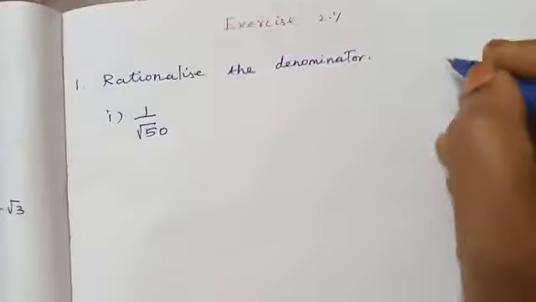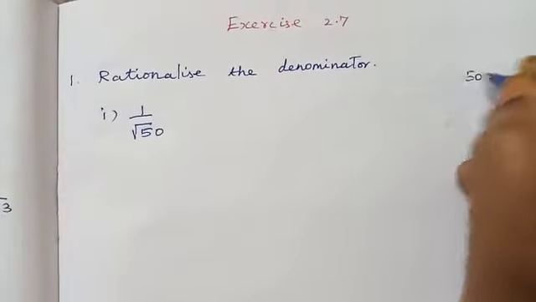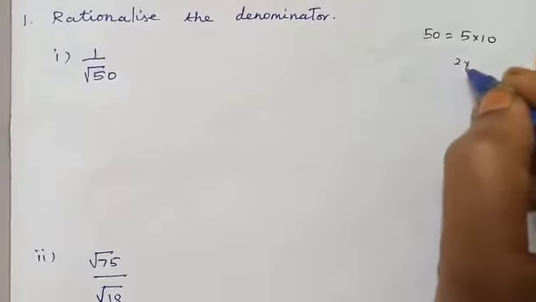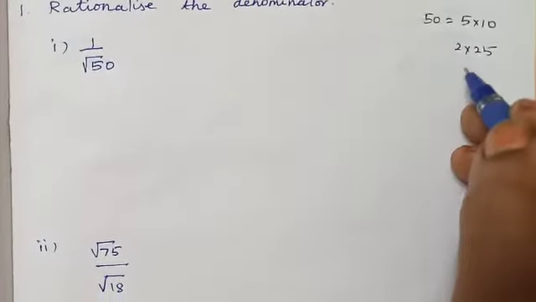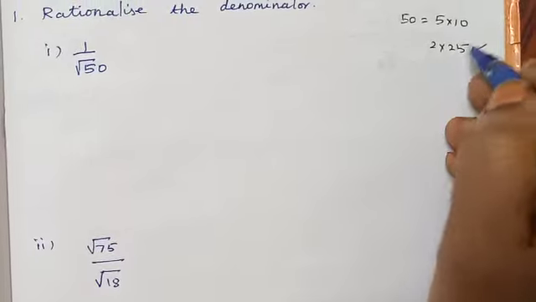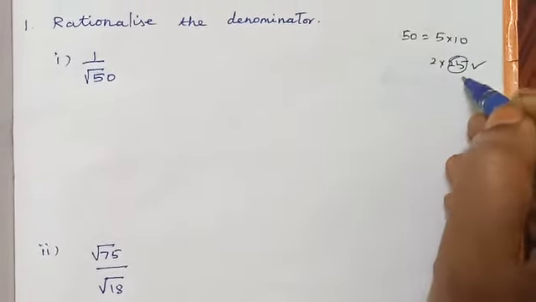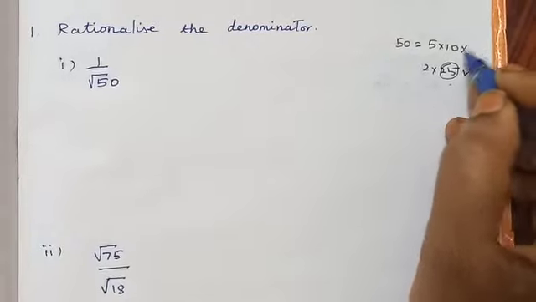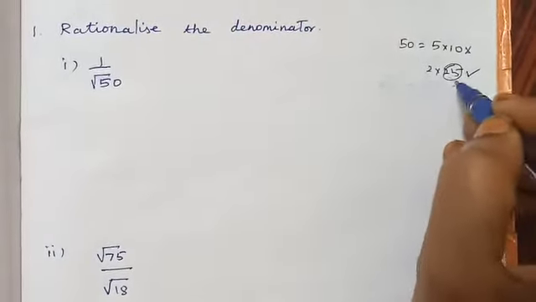For example, 50 we write as 5 tens are 50, then 2 into 25, like this. So here we choose this one because 25 is a perfect square. We don't choose the other because this is easier for us.